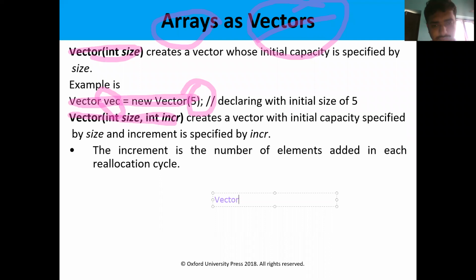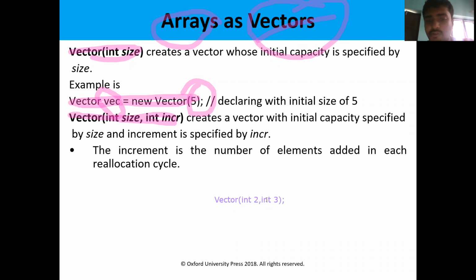Vector into 2 comma into 3. So that means a vector is created of size 2 and the increment value is 3. That means after filling the 2 spaces, if the third element comes, the memory is incremented by 3 spaces.